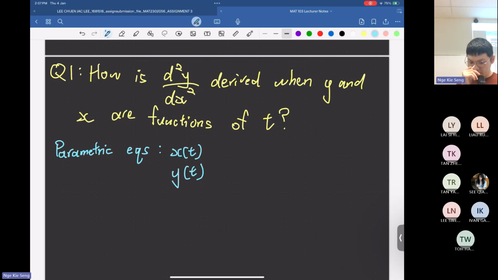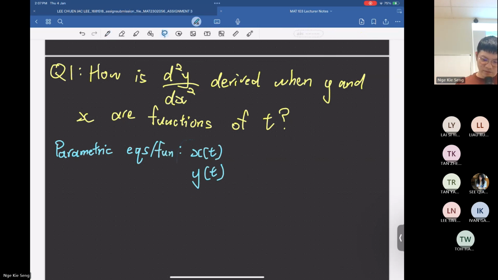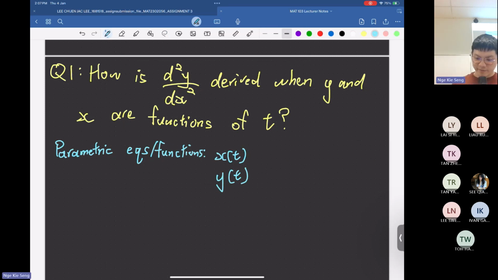Maybe you need some example. What sort of example you could have? x(t) equals t and y(t) equals t squared. Okay, what graph is this?